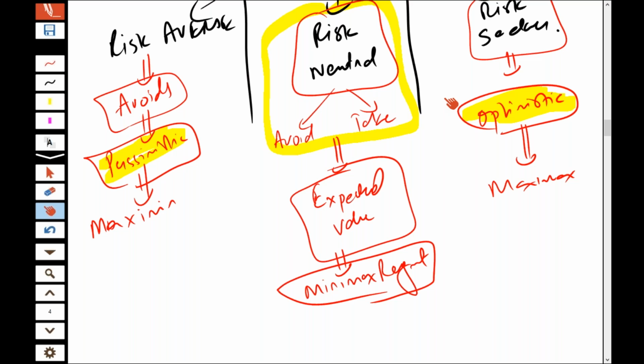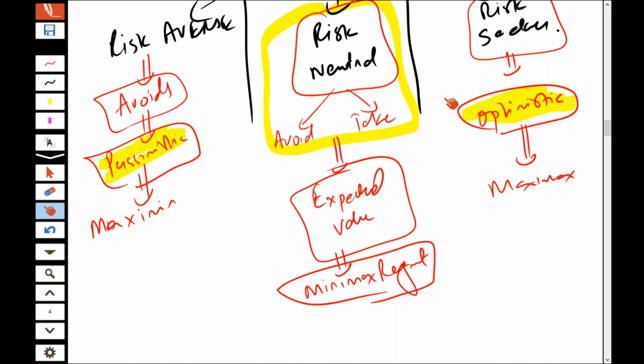So I repeat, depending upon how inclined you are, that is what is ultimately going to lead to a situation where you will decide that you'll make your decision using X, Y, Z decision making technique.